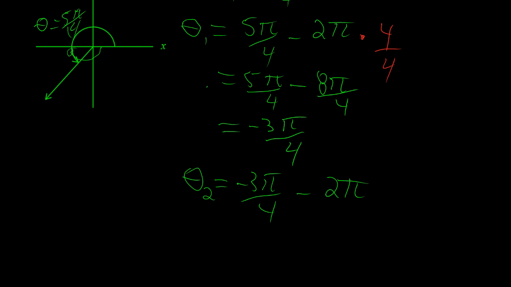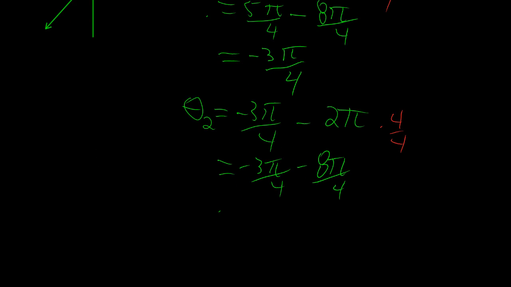So we're going to multiply by 1 again in the form of 4 over 4. In doing that, we get negative 3 pi over 4, subtract 8 pi over 4. So we get another solution. It's as simple as doing a negative 3 and a negative 8. How many pi over 4s do we have?